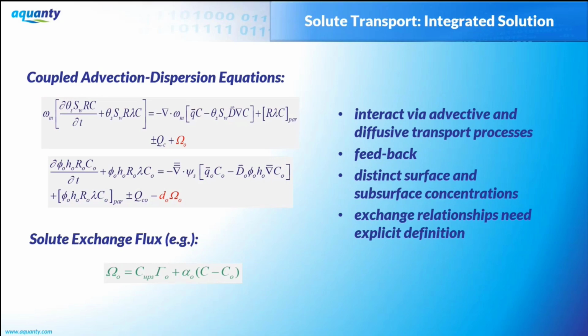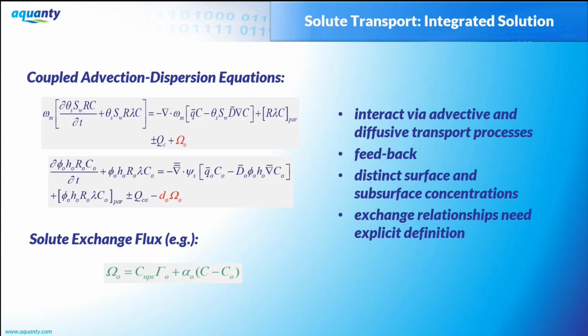And here I'm showing the advection dispersion equations. Again, the upper equation is the 3D form of the subsurface solute transport equation. There are some reaction terms and so on. I think we have a capability to do geochemical reactions, although we don't often use it. The equation below is the 2D transport equation over the land surface for solutes, including the transport of solutes that enter a stream, either from the groundwater system or maybe overland flow from a farm field.